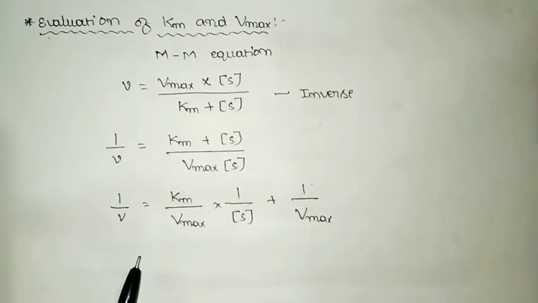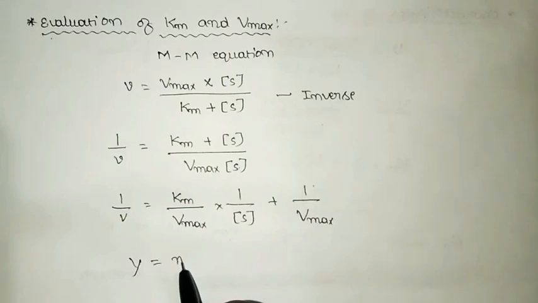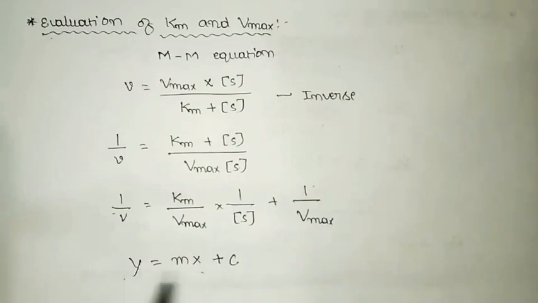So here you can observe that the equation we got resembles y is equal to mx plus c. So it's almost resembling this equation, y is equal to mx plus c. So we know that it's a straight line equation.